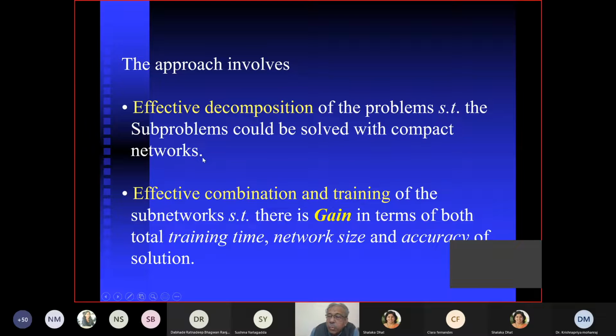Compact networks means small networks, with a minimum number of nodes and links, so that you can handle it. It's fast. Then the effective combination and training of the sub-networks such that there is a gain in terms of training time, network size, and accuracy of solution. So there are three gains we are expecting. That's why we are taking this trouble.